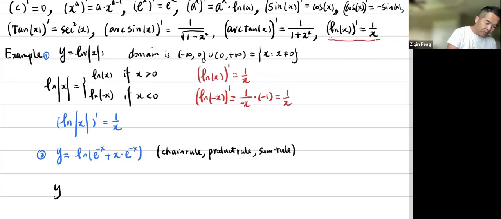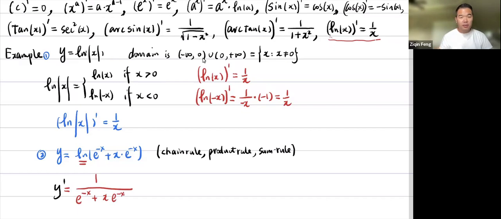So y prime. Look at this, the outer function is natural log. So the derivative of natural log is 1 over whatever is inside. So this is 1 over e to negative x plus x e to negative x.